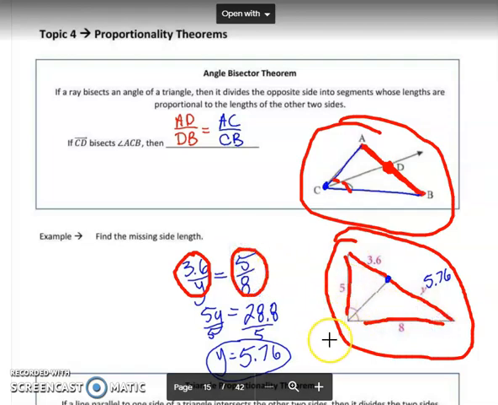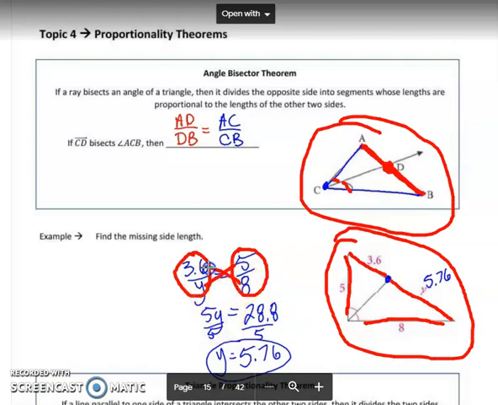And what happens a lot of times in class is as students are going through and doing these, they might do y divided by 3.6, and that would have to be equal to 8 over 5. I might have some students that'll do 3.6 divided by 5 is equal to y over 8. And what you find when you set them up that way, when you do your cross products, when I do y times 5, I'm going to end up with 5y.